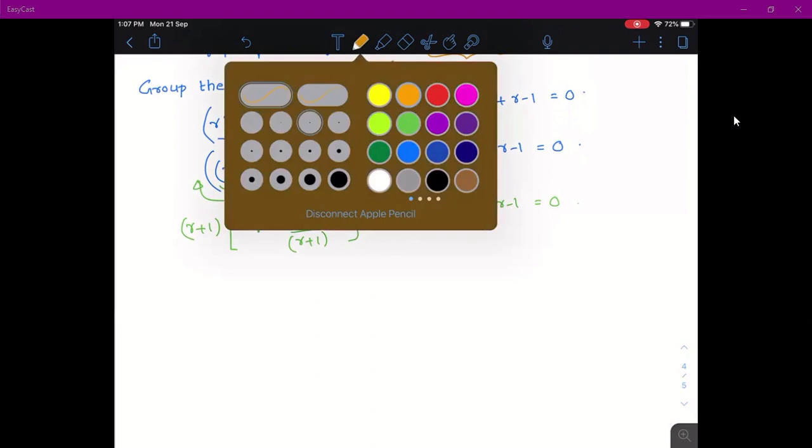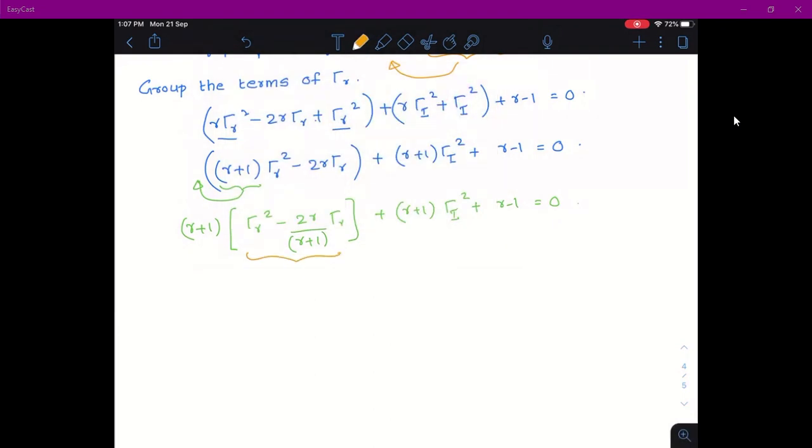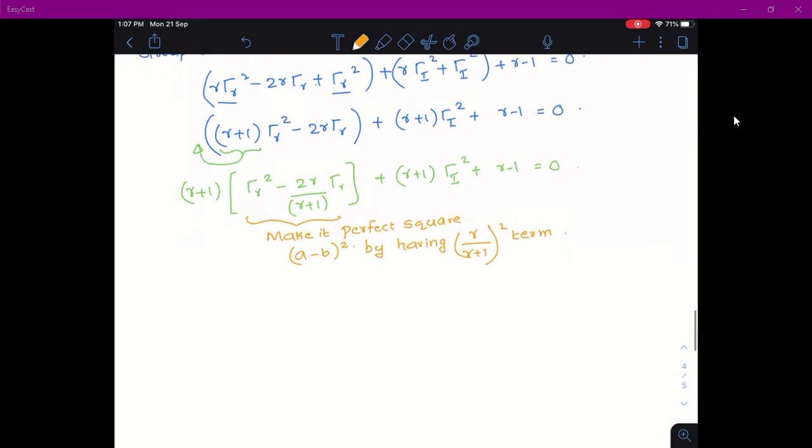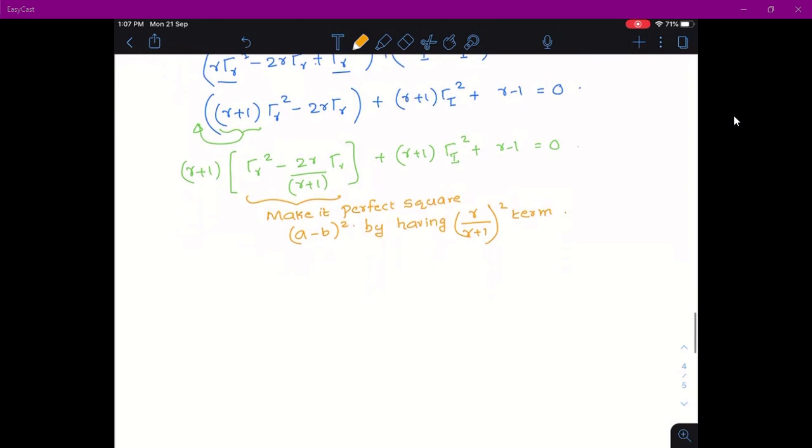Now if you look at this expression, you can make it a perfect square, that is (a − b) whole square. You can make it by having an (r / (r + 1))² term. So if you have the (r / (r + 1))² term in this one, then that expression will become perfect. Like you can make it (τr − r / (r + 1))² .